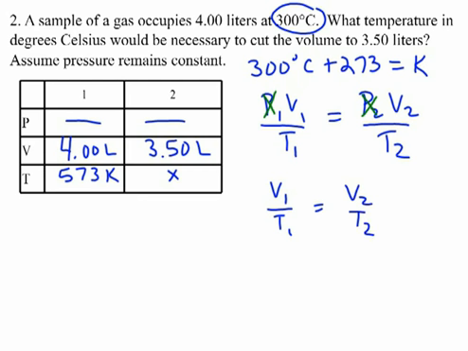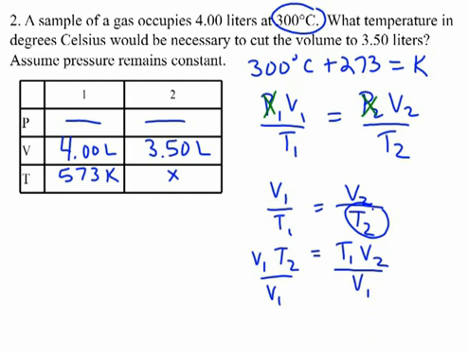And since we are trying to solve for T2, if we cross multiply, we have V1 times T2 is equal to T1 times V2. And since it's T2 we're trying to solve for, we would need to divide both sides by V1. So now that we know what equation we're working with, we can just substitute in.